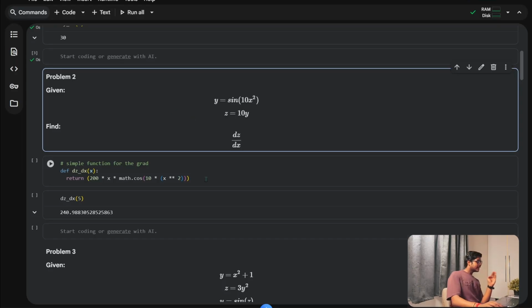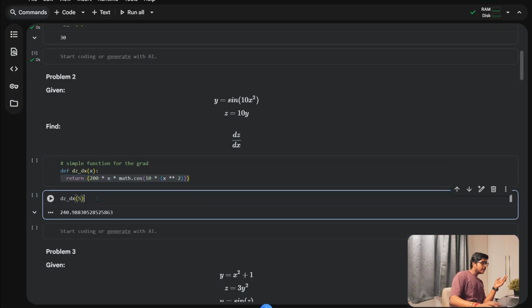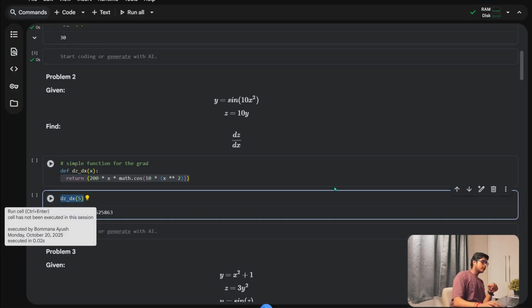For that, again, we have coded this function dz by dx, which takes an x and returns 200 times x times cos of 10 times x squared, which we also calculated. Now again I inputted a random x as 5 and it gave me the output as 240.